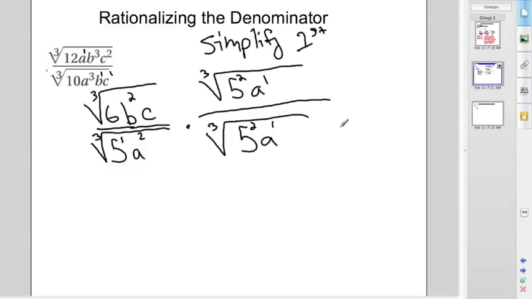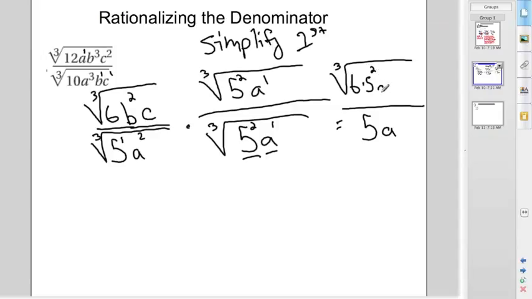So what am I left with? It's going to be just the base of my exponents, 5a. And now I'm left with, up in my numerator, 6 times 5 squared, a, b squared, c.